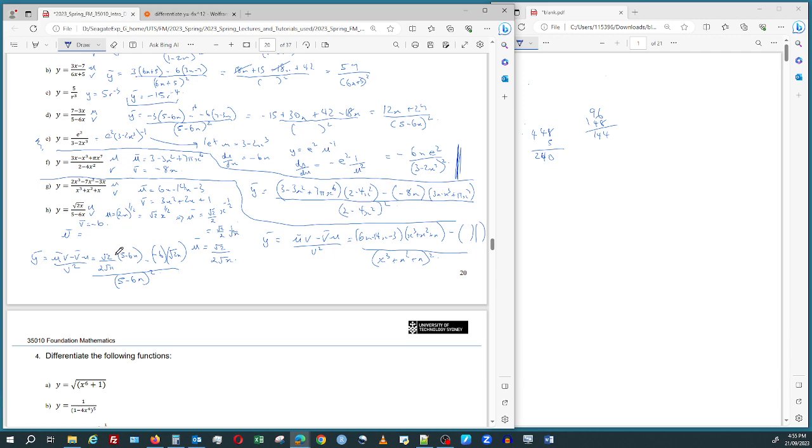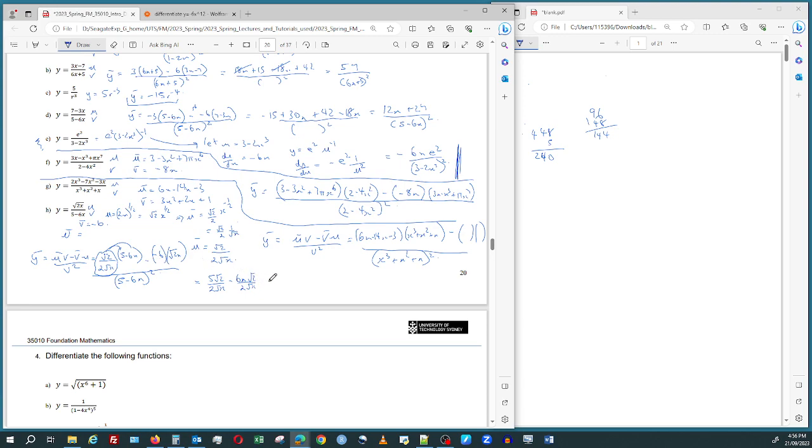Okay, so you're going to do an expansion on this one. This is going to be 6 root 2x. I might just finish this off for you. So we're going to do the expansion. This whole thing has to be expanded across 5 and 6x. So we'll get 5 root 2 over 2 root x, minus 6x root 2 over 2 root x.